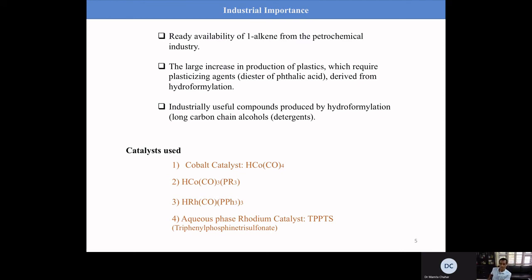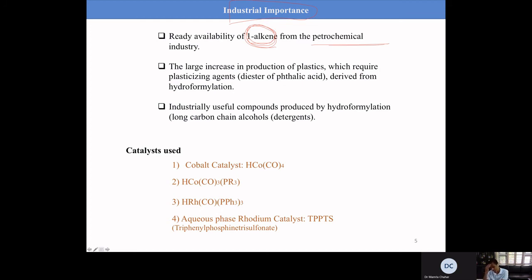Now, another important thing is, in terms of industrial importance, this is truly innovative and exciting. This is a very old reaction as well. And the importance comes from the fact that this one alkene, sorry, in these cases, is very readily available. These are petrochemical industry materials, right?